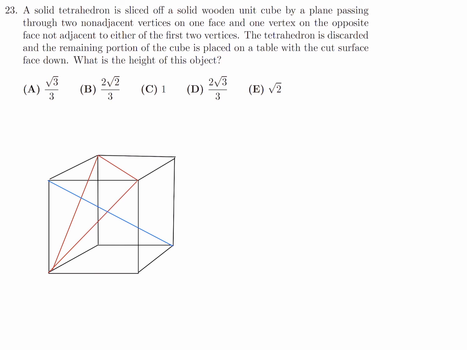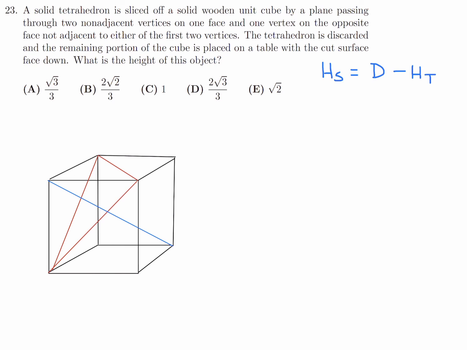But if I subtract from that full diagonal the height of the tetrahedron, it will give me the height of that other piece. So really what I'm being asked is the height of that shape, I'll just call it h_s. It is really the diagonal that I've drawn in blue minus the height of the tetrahedron.